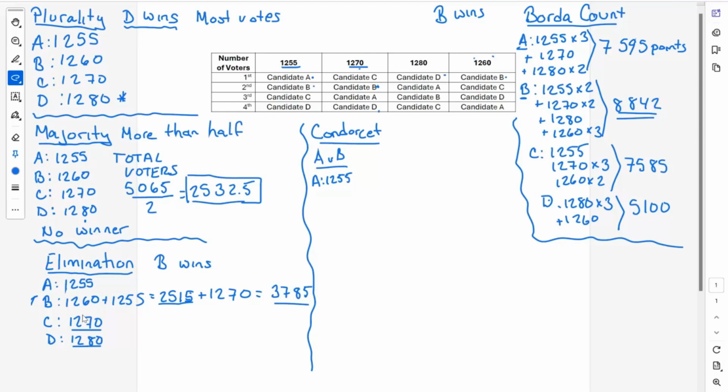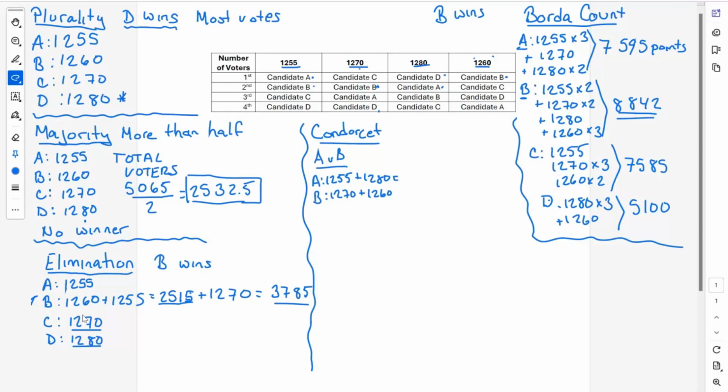So we're looking at their rank: is A ranked above B or is B ranked above A? If we're only considering A and B, A gets these 1,255 votes, B gets these 1,270 votes, A gets these 1,280 votes because these 1,280 people like A better than B, and B gets these 1,260 votes.